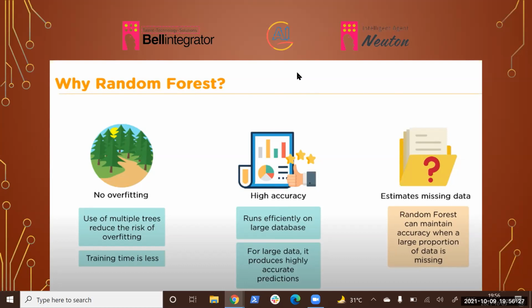If you have a data set of 1,000 entries and you have missing data of, say, 200, your model accuracy will not be that much affected by those missing values. Your random forest can handle it. So it is good at handling missing values.